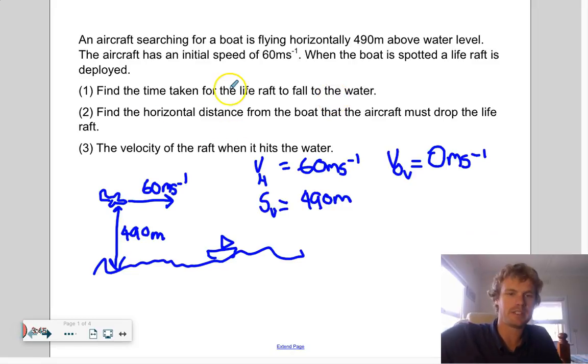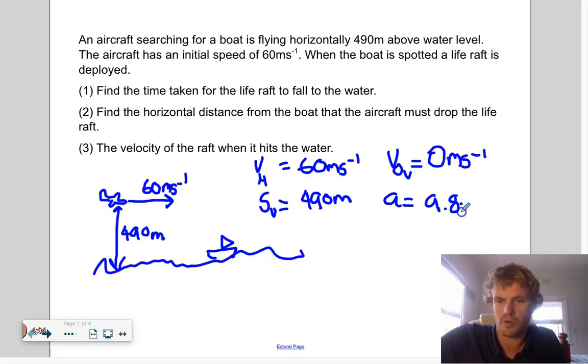So knowing these things, I need to find the time taken for the life raft to fall to the water. I also know one other thing. The acceleration due to gravity is equal to 9.8 meters per second squared.